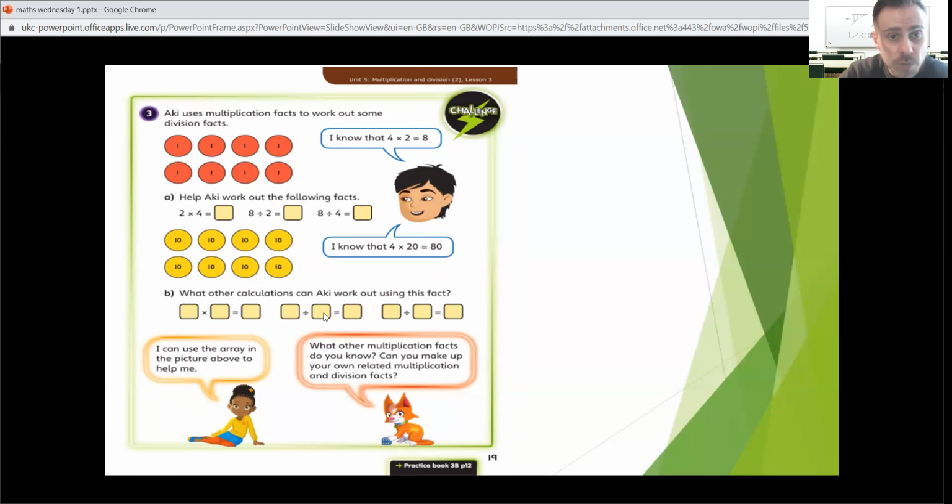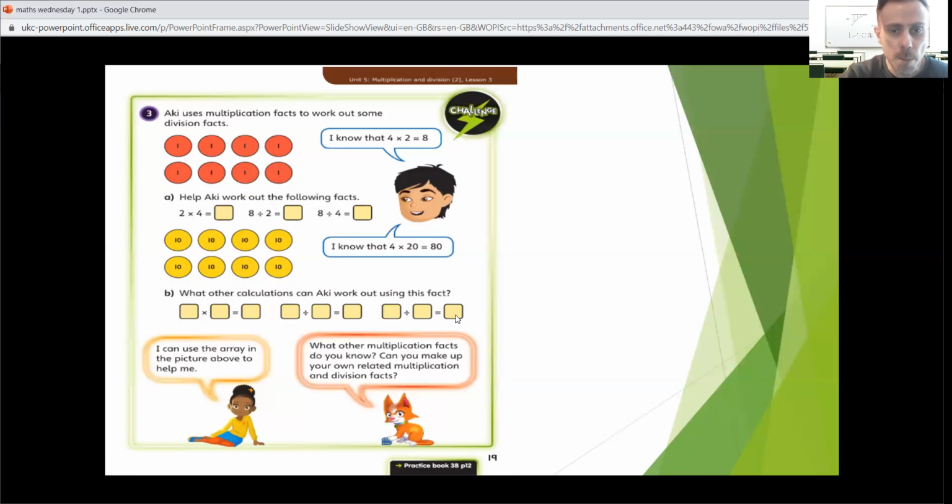And then you need some divisions. So here he's got 8 divided by 2. Well, we don't want that this time. We want 80 divided by 20, and that'll give us 4. Or you could have 80 divided by 40, and that'll give us 2. All right, there you go.